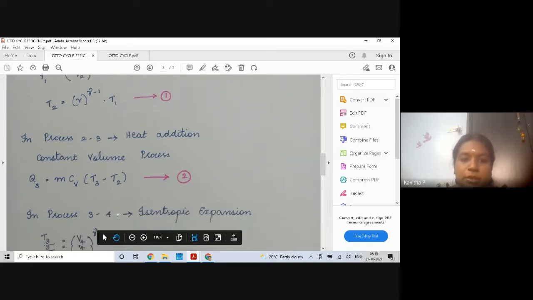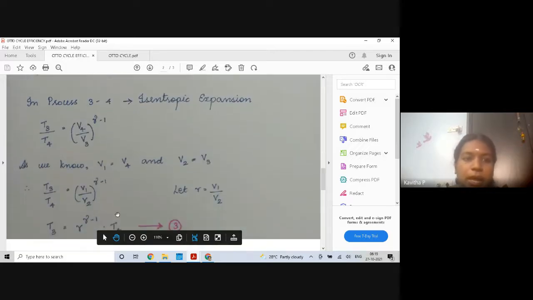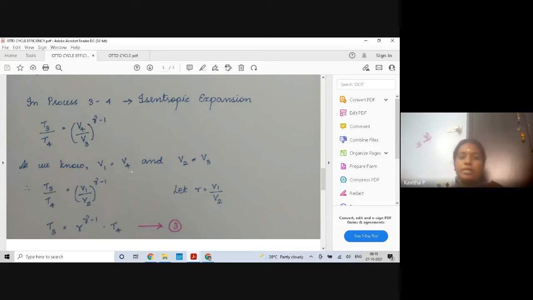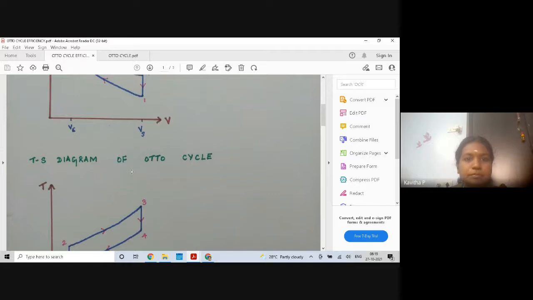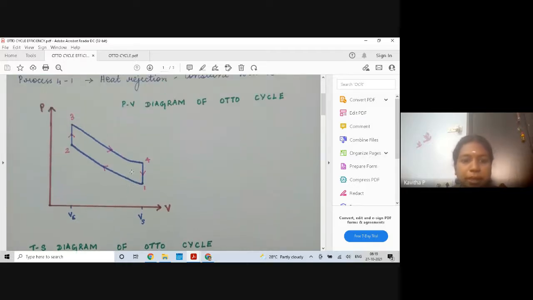In process 3 to 4, which is isentropic expansion, the higher temperature divided by the lower temperature, T3 divided by T4, is equal to (V4 by V3) whole to the power gamma minus 1. We already know that V1 is equal to V4, and in this PV diagram V2 and V3 are also equal.